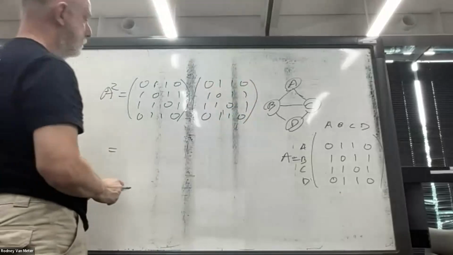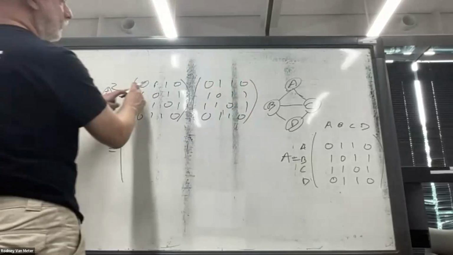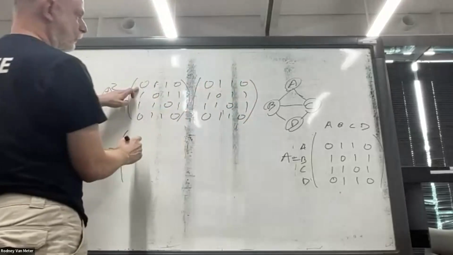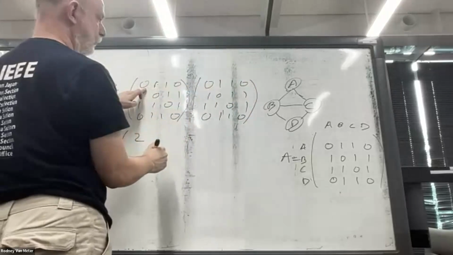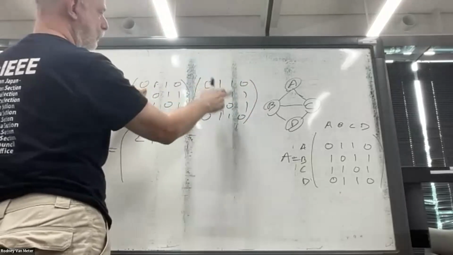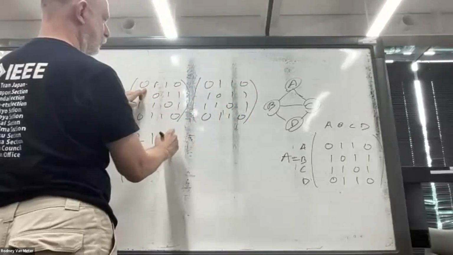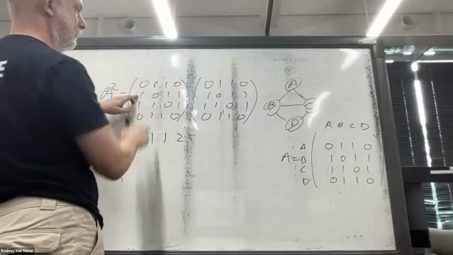Multiply the first row times the first column. That's going to get us 2, isn't it? First row times the second column gets us 1. First row times the third column gets us 1, and times the fourth column gets us 2.